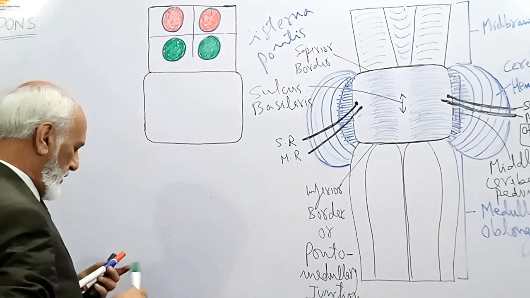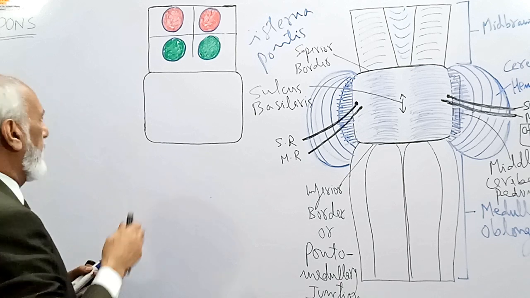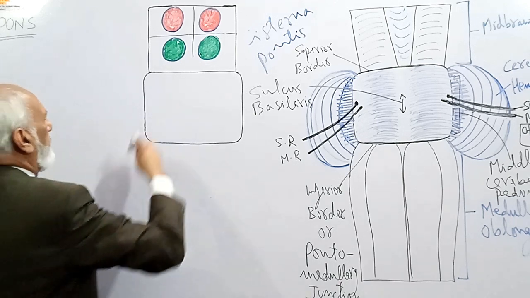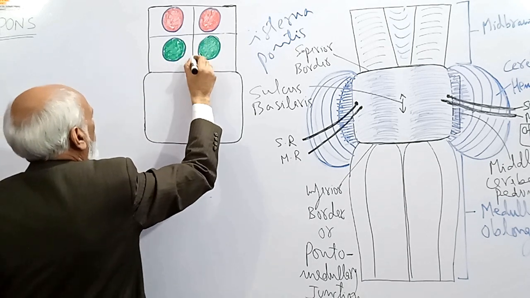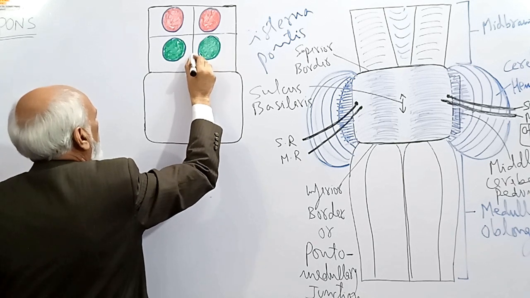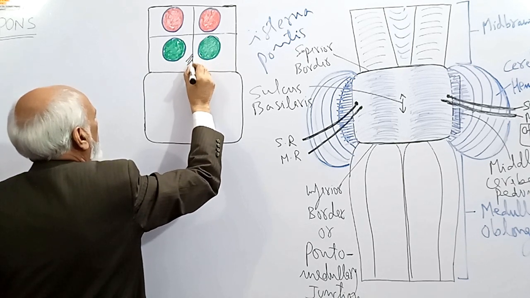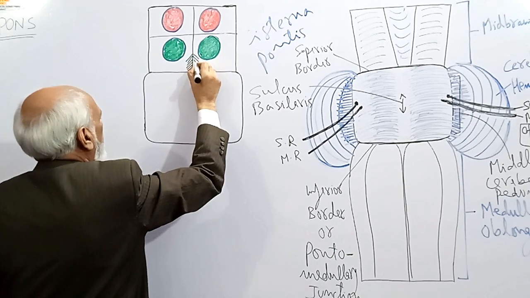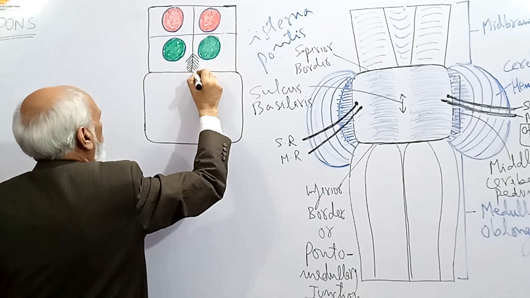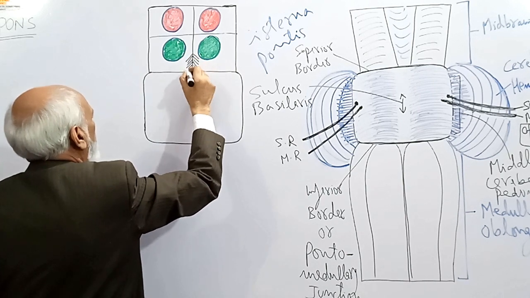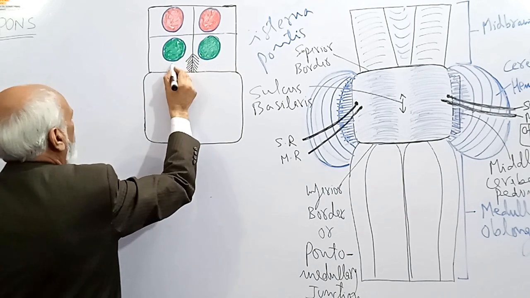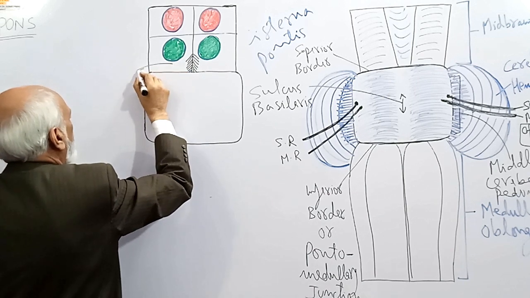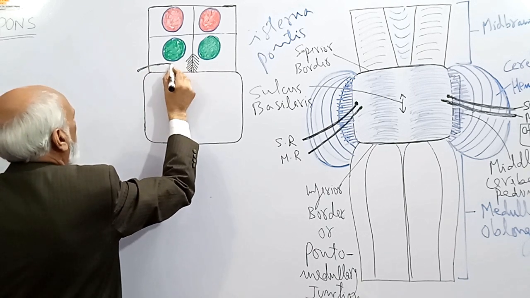Then I told you that from the lower part of the longitudinal portion of the cruciform sulcus, a ridge starts, known as the frenulum veli, and on each side of the frenulum veli is the attachment of the trochlear nerve.